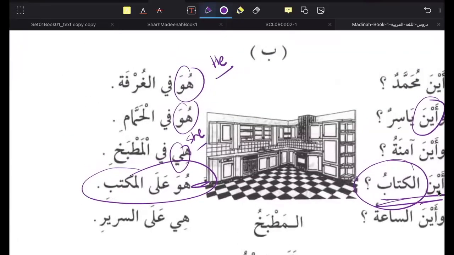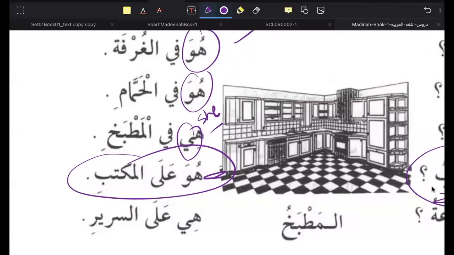So the way it works is that in Arabic, we don't have a dedicated pronoun like a genderless "it." We don't have it. So every single word is going to be either masculine or feminine. Okay, inshallah we'll talk about how we define feminine when we get there.